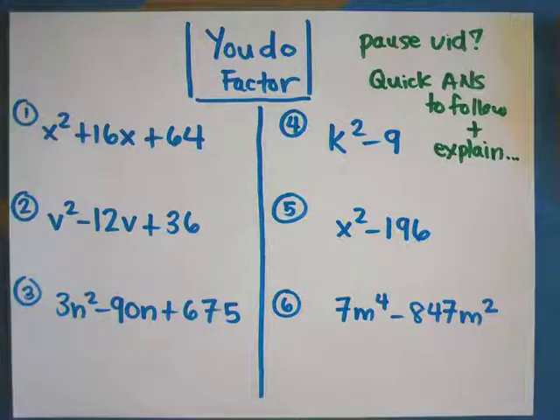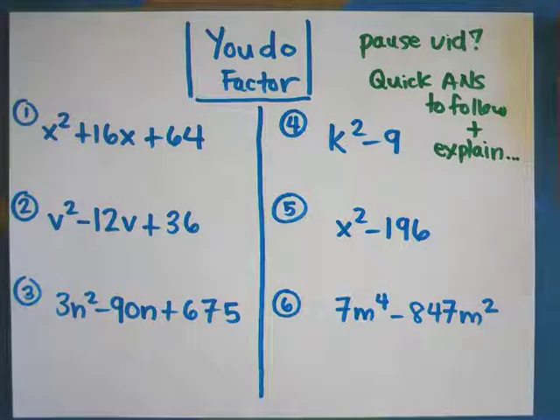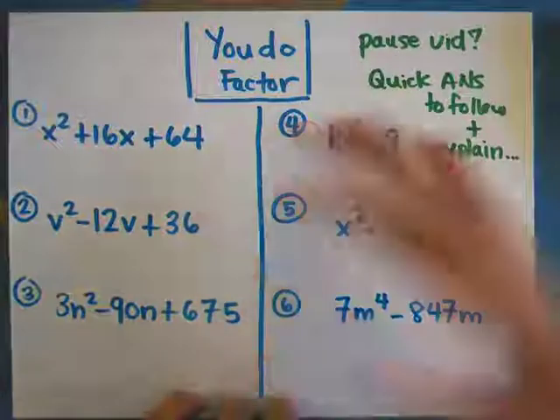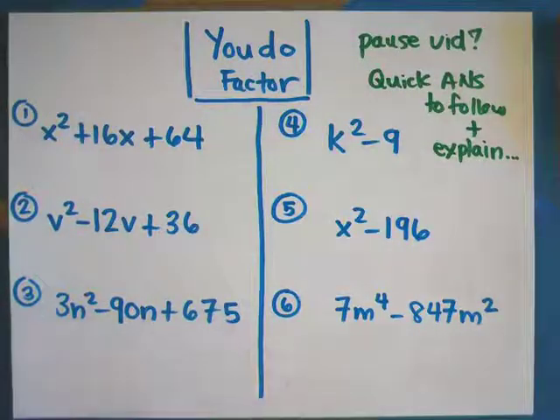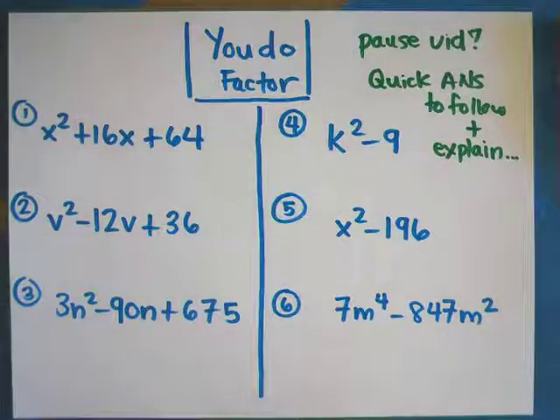X squared plus 16x plus 64, factor that. V squared minus 12v plus 36, 3n squared minus 90n plus 675, k squared minus 9, x squared minus 196, and then, oh boy, whoa, 7m to the 4th minus 847m squared. So pause the video, grab a piece of paper, do this on your own, but I'm still going to roll the video for about 10-15 seconds, and then I'll give you guys the quick answers plus explanation.